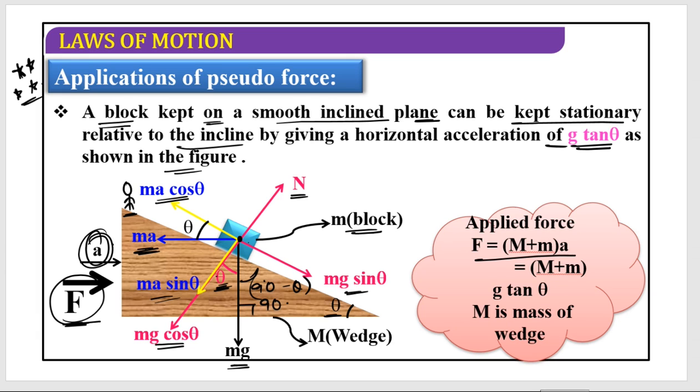The applied force F is equal to (M plus m) into a, because both are moving. Here M is the mass of the wedge and small m is the mass of the block. F is equal to (M plus m) into a, and this a could be replaced by g tan theta. This is the situation where you are observing from a non-inertial frame of reference. I hope this is clear.